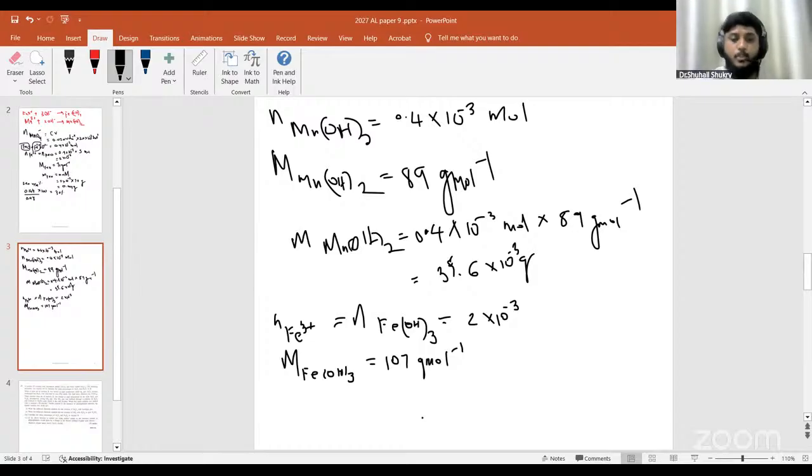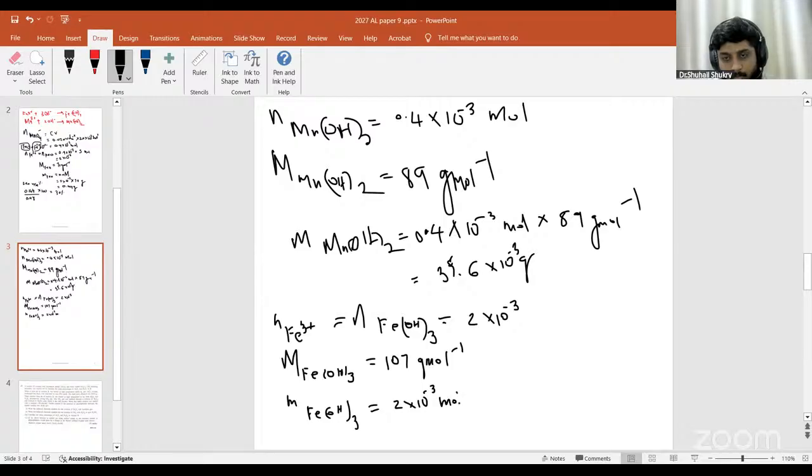If I know the Fe(OH)3 molar mass, I can find the mass of Fe(OH)3. I have to multiply 2 into 10 to the power minus 3 by 107 grams per mole.